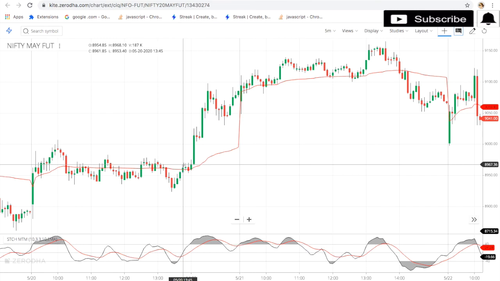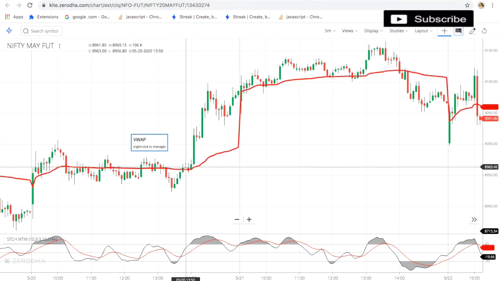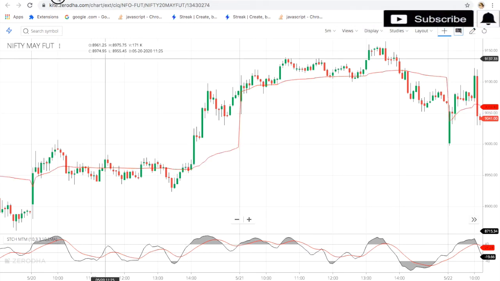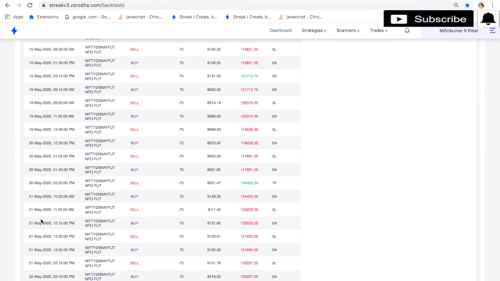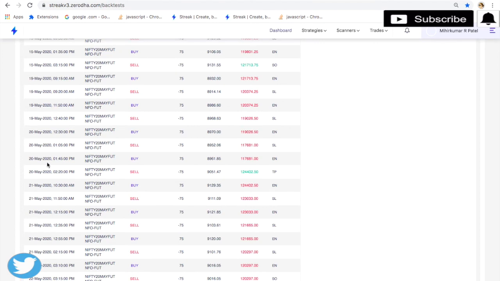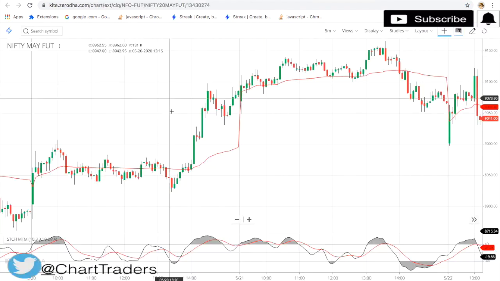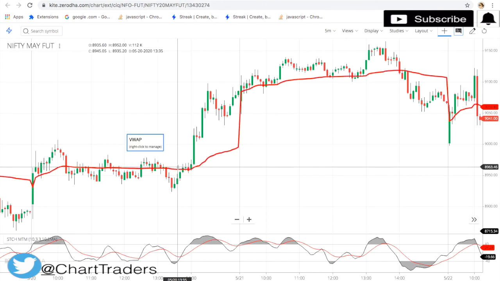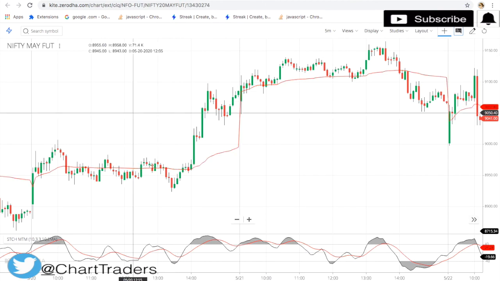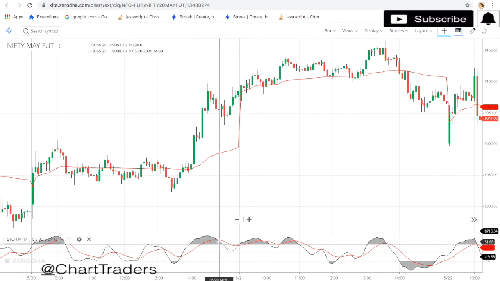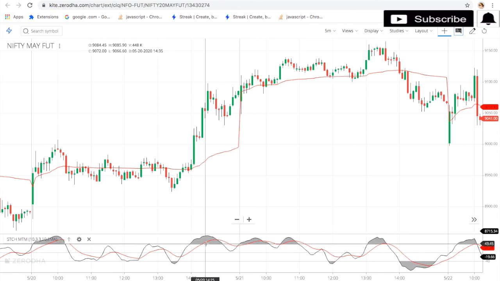So buy at around 8961. This is your entry point at this point. Exit is when the stochastics cross each other, or we can keep a target of 1% also, whichever is achieved earlier is our exit point.